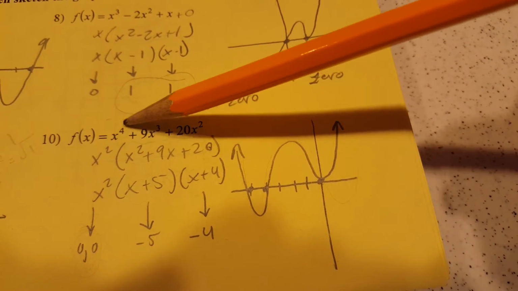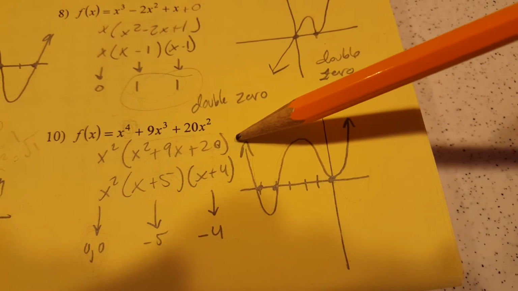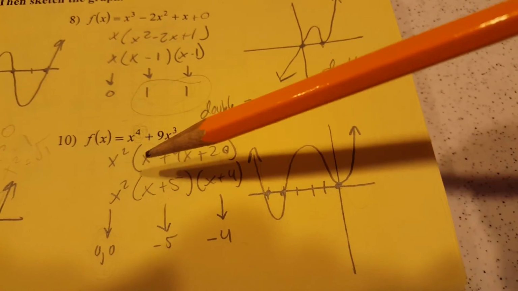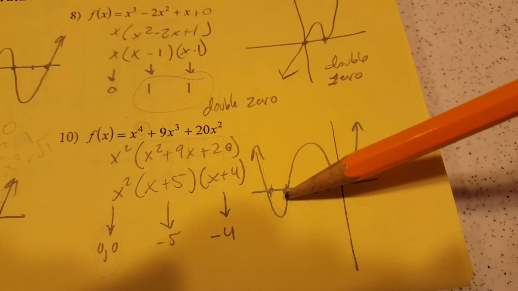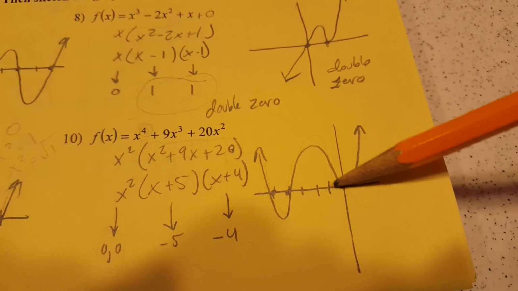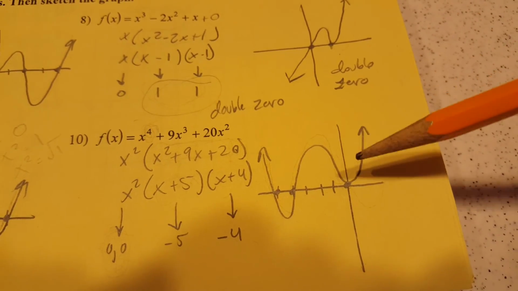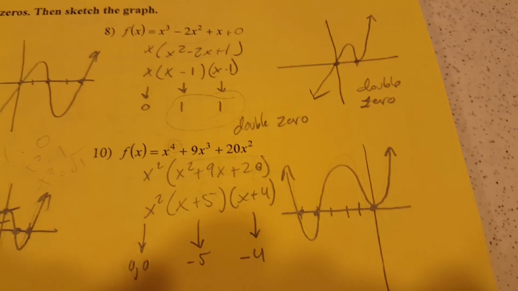Because of the 4. I guess it should be 4. And it's a positive W graph, I mean. So then you go down, up, and then when you hit the 0, because it's a double zero, it bounces off and goes back up. And that is graphing polynomials.